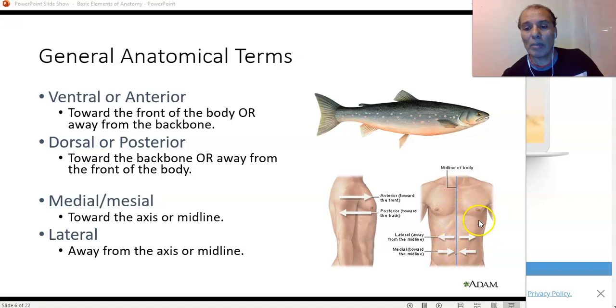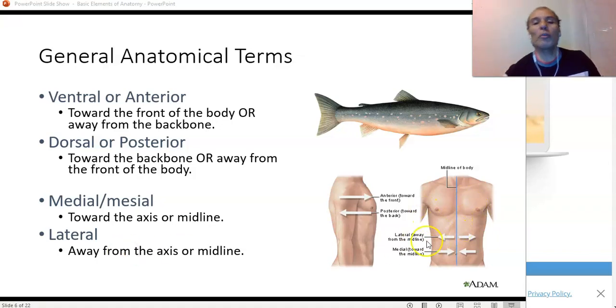If you speak about the medial edge, or for example, the medial part of the belly or the chest, it is towards that line that splits it in two equal parts here. If you move medially, you go toward the middle or the center.